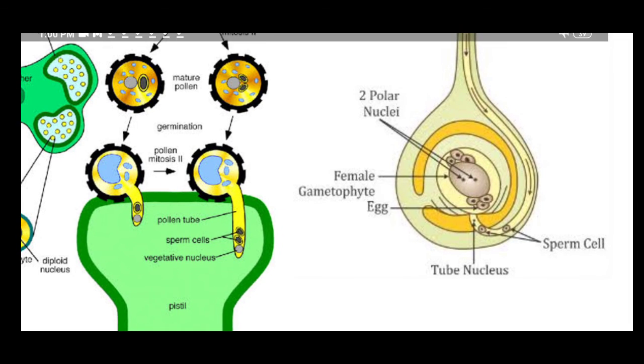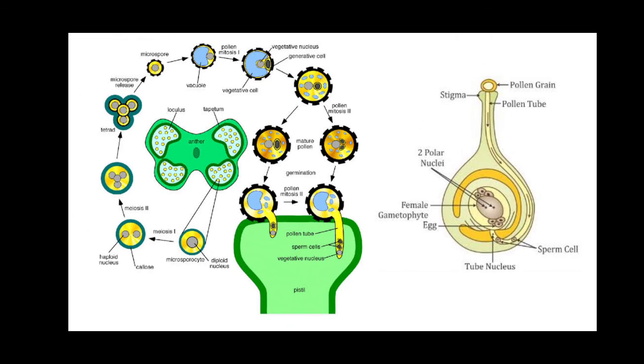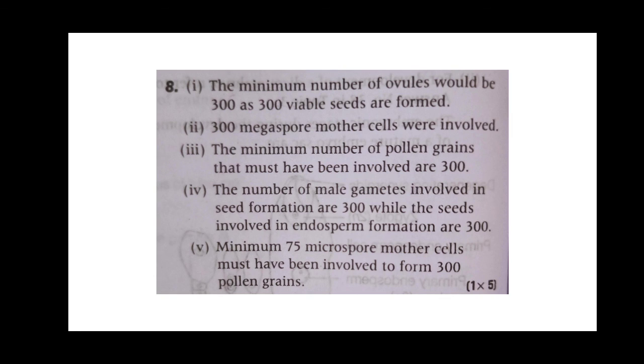So definitely we will be saying that an equal number of gametes are involved. But if it is mentioned that the fertilization of both the things is counted separately, then you can write the number as double, because each pollen grain will produce two male gametes inside.